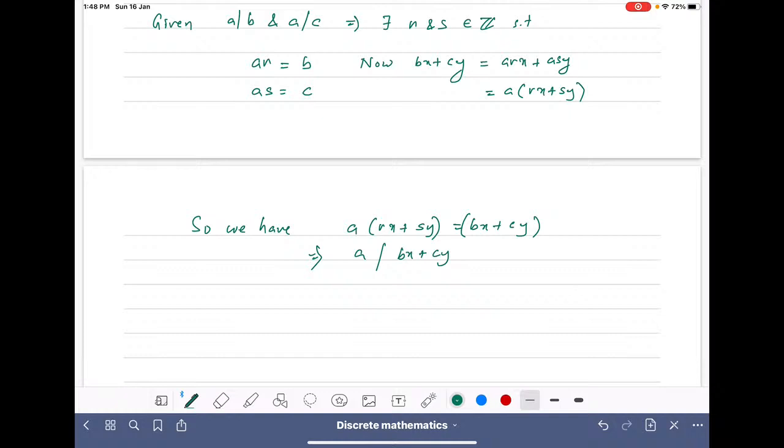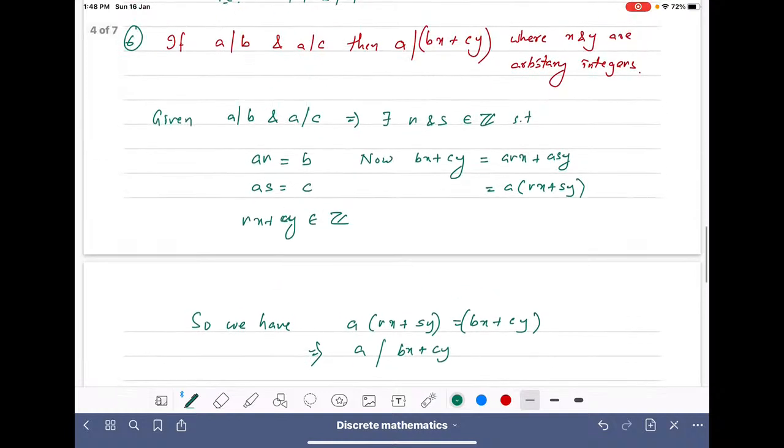This is it. Here Rx plus Sy is an integer. I think this also concludes our proof.